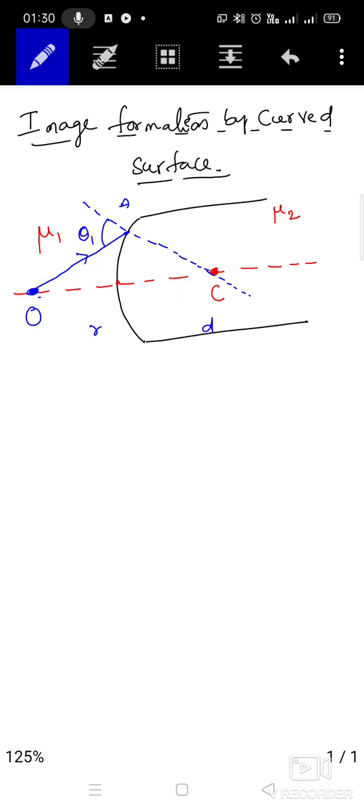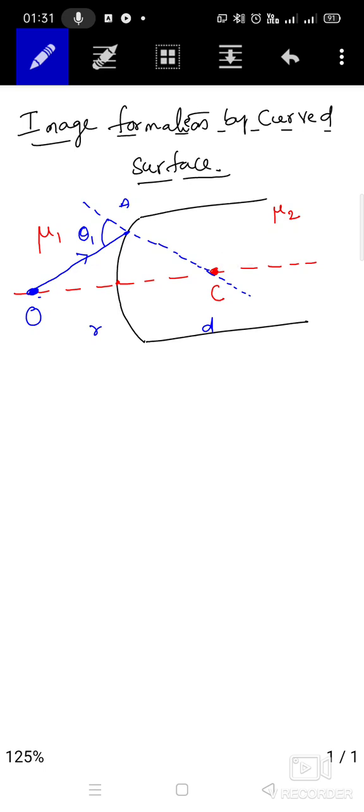So we know that when a light ray travels from a rarer medium to a denser medium, the light ray bends towards the normal. Here this acts as the rarer medium and this acts as the denser medium.